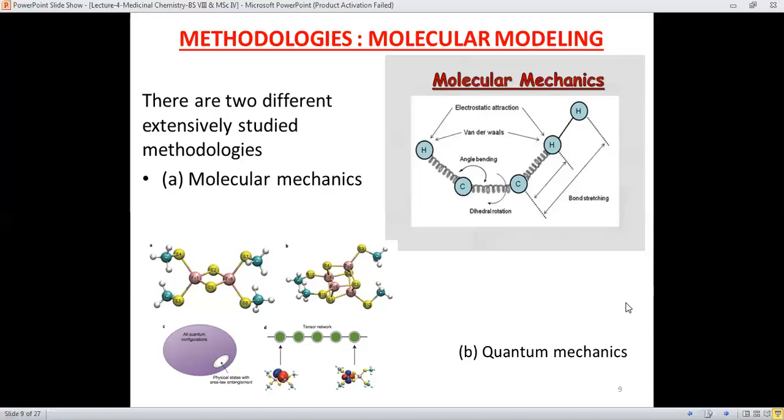And then there are the electrostatic interactions as well, and bond length, angle. These all are important. How bending or stretching occurs between the bonded atoms, how a bond bends, how a bond stretches, and so on. What's the role of electronegativity? What's the role of the strength of the bond?